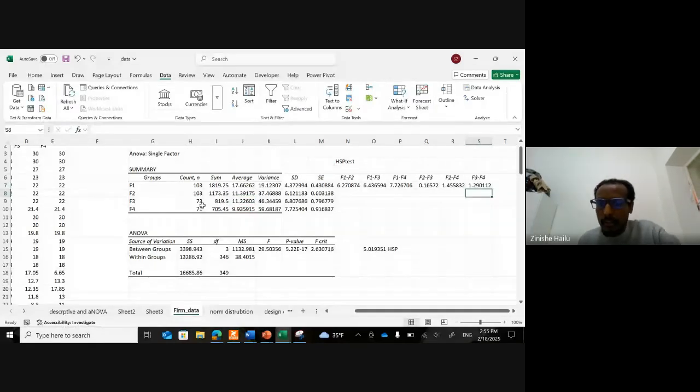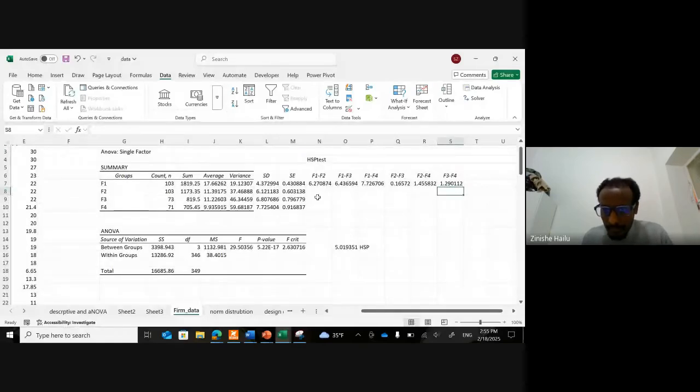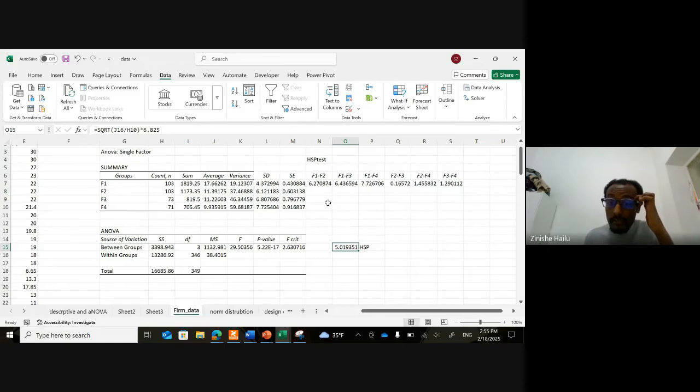Now these are the values. So if the HSD value is less than this pair value, they have a significant difference. We say the two groups are significantly different.